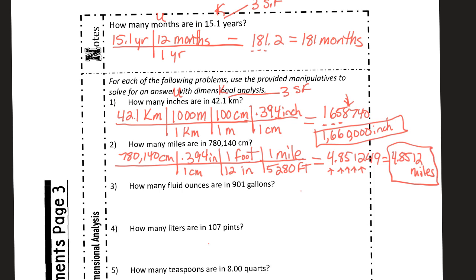How many fluid ounces are in 901 gallons? There's my known. If I have gallons on the top, I'm going to need gallons on the bottom. We're trying to go to ounces.